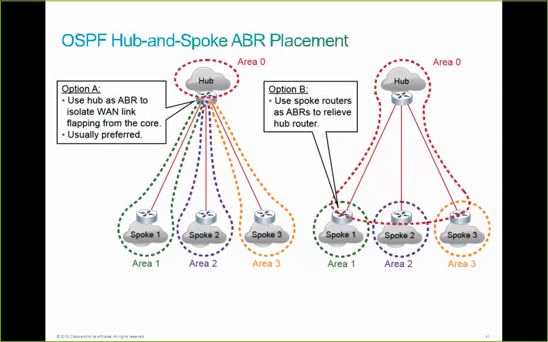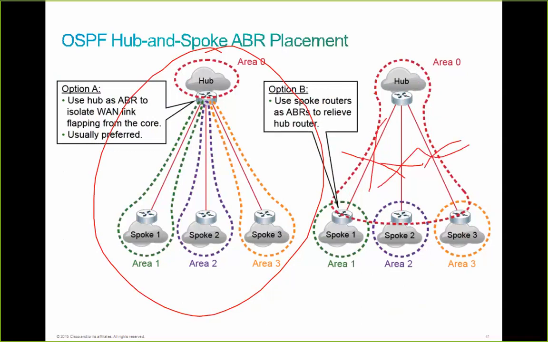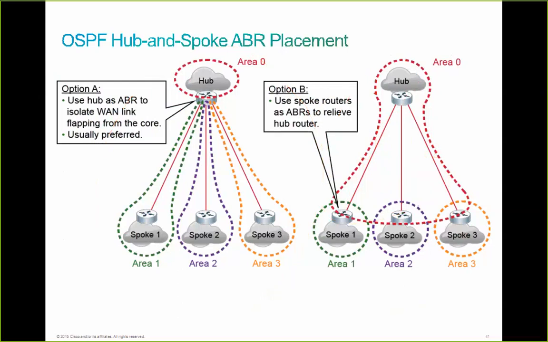The diagram on the left would be more preferred if the links that you're using are likely to flap or are less stable. And it has to do with the number of changes that we would see in area 0. Obviously, if these links are going up and down constantly, area 0 is never going to converge. It's going to be constantly changing. In this case, though, if the links go up and down, we're not actually affecting area 0. We're simply affecting the non-backbone areas. Does that make sense?